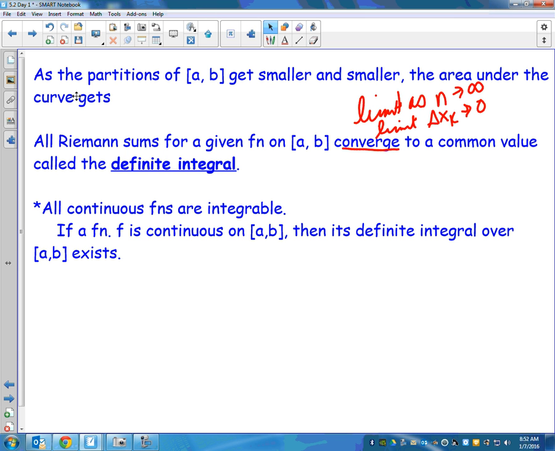We use that as notation for integrals. Okay, so that's why I want you to know that word. So, if a function is continuous on a closed interval, then a definite integral over that interval exists. It's the area under that curve, and here's your notation. It makes an elongated S like this.